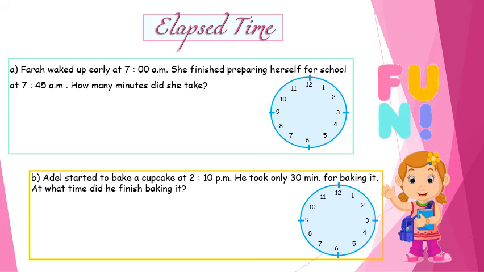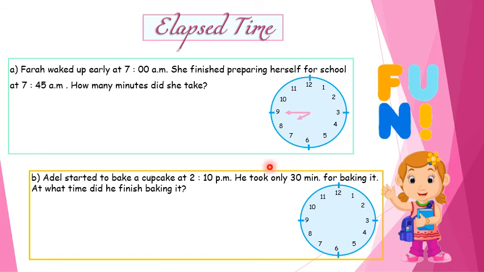Here we have some story problems about the elapsed time. I want to calculate the time in the story problems we have. Farah woke up early at 7 a.m. So the analog clock was like this. It's 7 a.m. She finished preparing herself for school at 7:45. Okay, so when she finished, the clock was like this, 7:45.